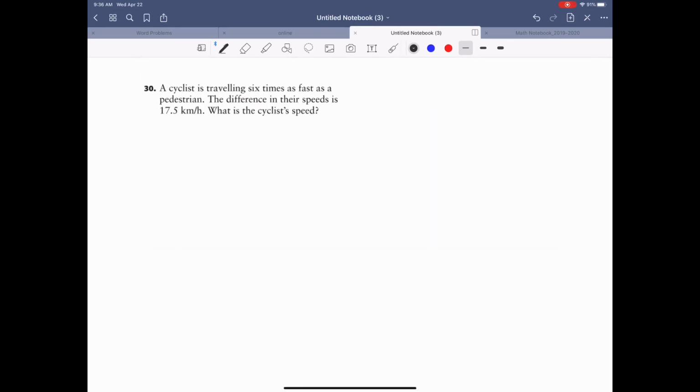Yeah, so this question here, a cyclist is cycling 6 times as fast as a pedestrian. The difference in their speed is that. What's the cyclist speed? Okay, 6 times as fast as a pedestrian. So cyclist is faster, pedestrian is slower.